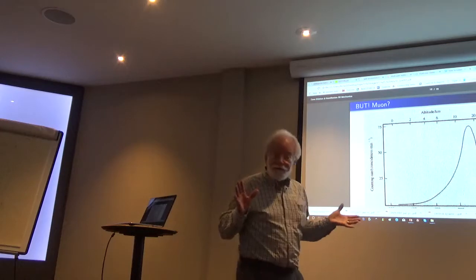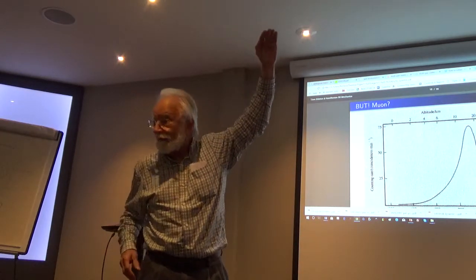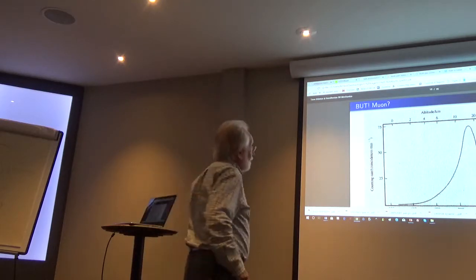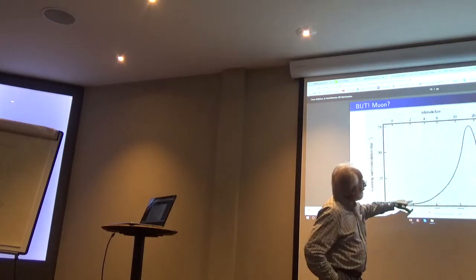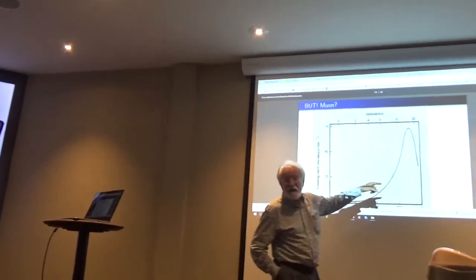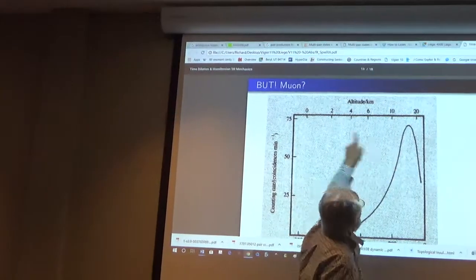Then they start analyzing it by saying, well, all the muons were created at 15 kilometers in the sky. Really? This is a curve that shows the intensity of flashes in the atmosphere at different heights.